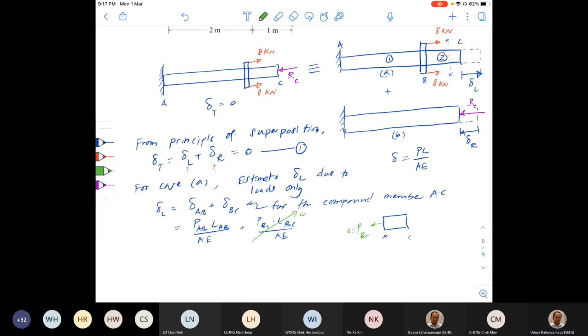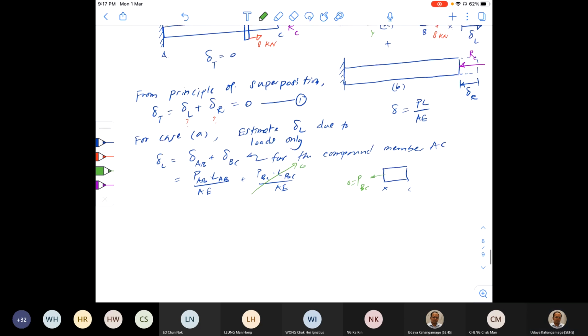PAB, if you want to find out PAB, you need to cut it between A and B, then draw a free body diagram. This is B, this is C, and this is Y. So this is the PAB. Okay.